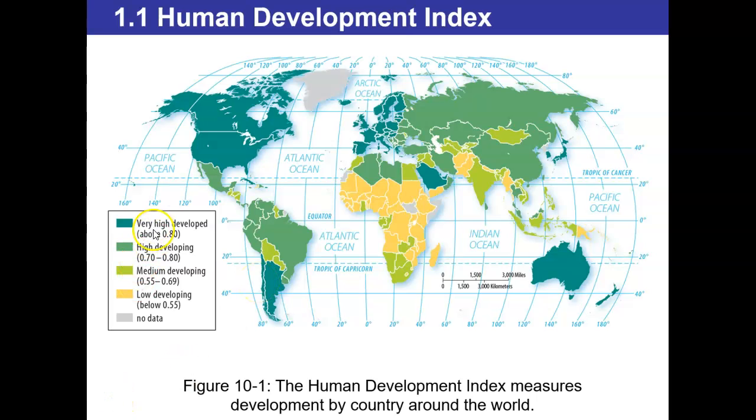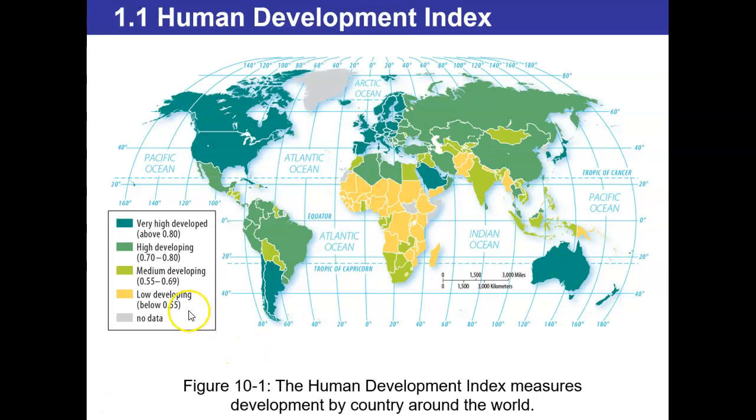This key will also help us distinguish four distinctive categories: very high developed, high developing, medium developing, and low developing. The United Nations will refer to countries that are developed or developing more so as MDCs or LDCs, MDCs representing more developed countries and LDCs representing less developed countries.